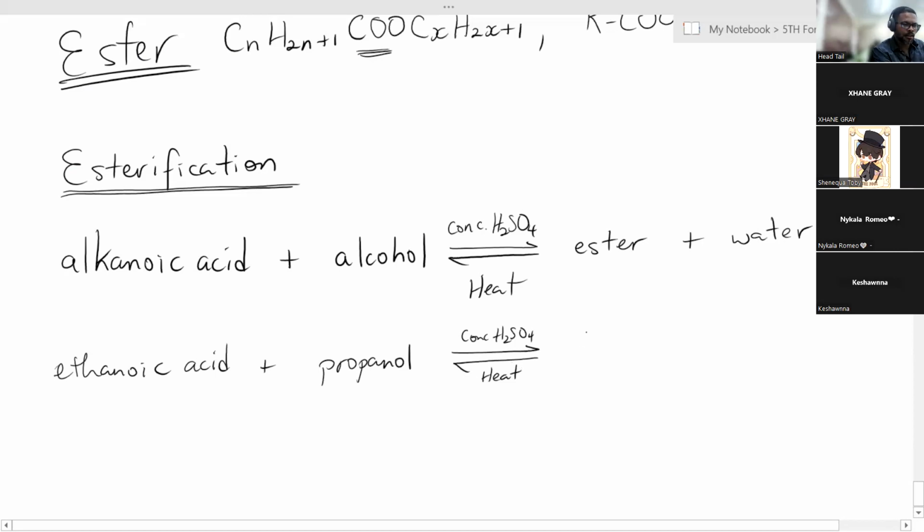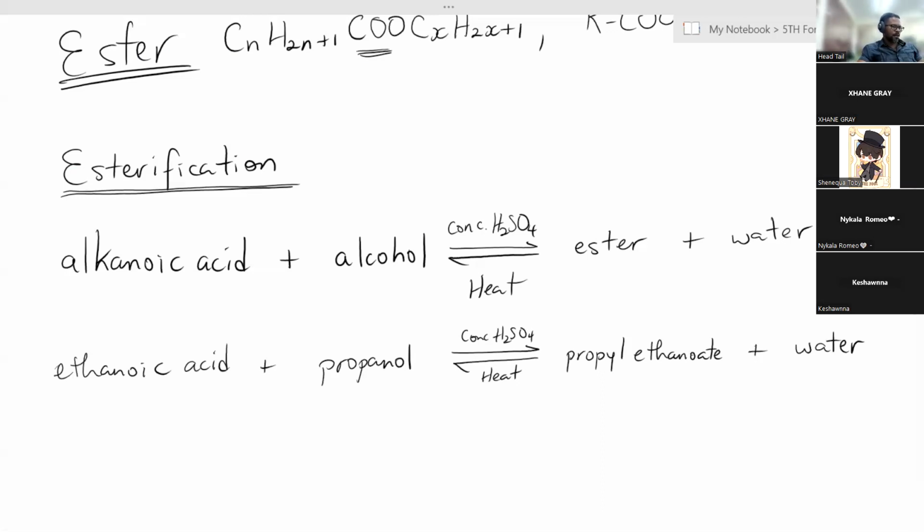And note the name of the ester. Propyl ethanoate plus water. All right. So one thing I want you to note here is that when naming the ester, let us name it a particular way.